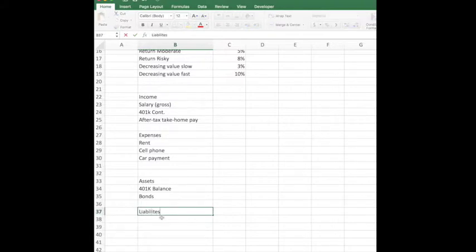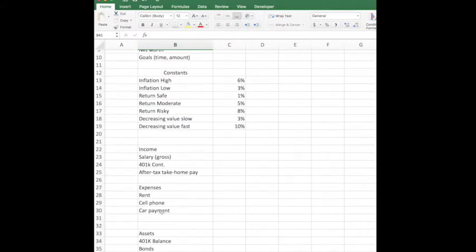So your liabilities here, you could have student loans. You could have credit cards, etc. So your liabilities are the amount that you owe, not the payment. The payment goes up here under expenses.